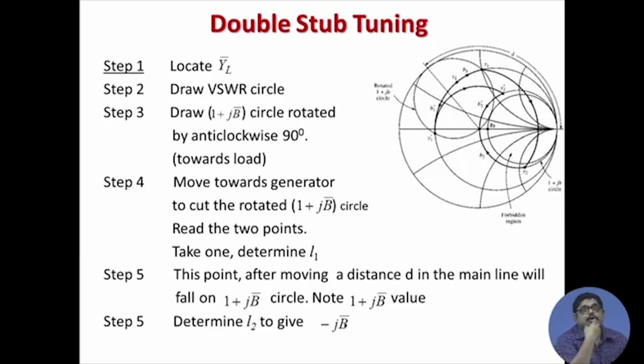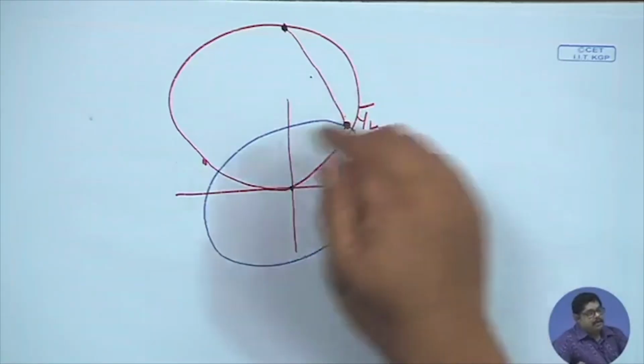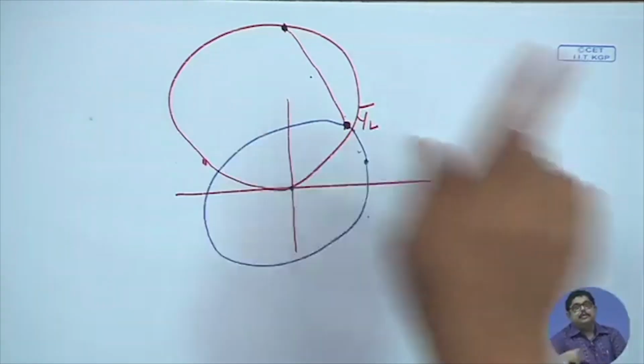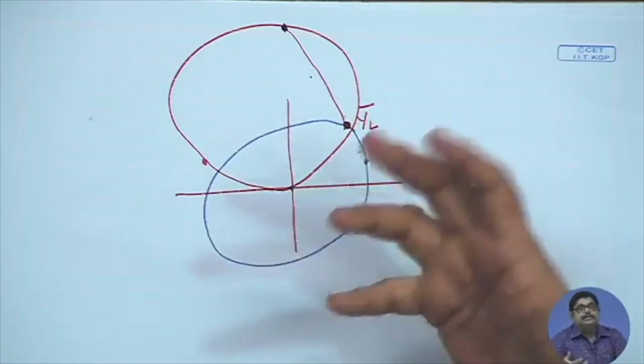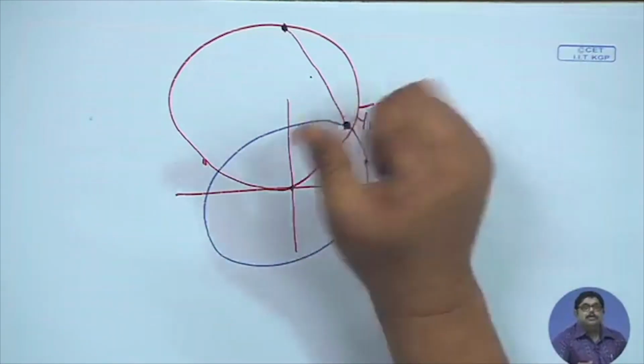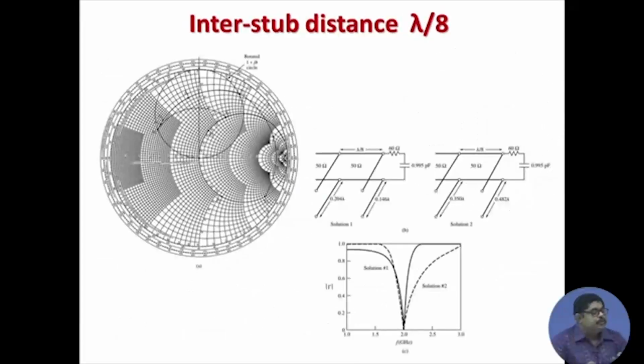Depending on whether it is short or open, you again find from the Smith chart, if it is shorted, locate the short point, and from short you find out how much to go, so that I get a susceptance of minus jB, so that you can get the L2. So, this is the interstub distance. You see this is the 90 degree rotation of the 1 plus jB circle.